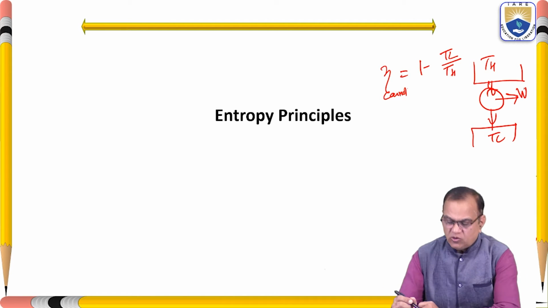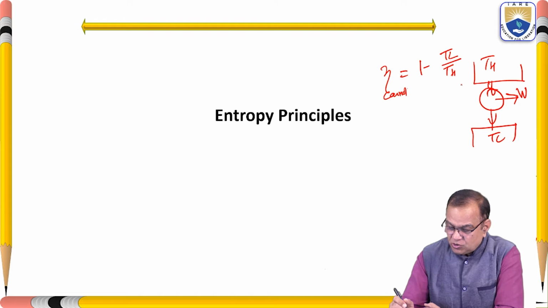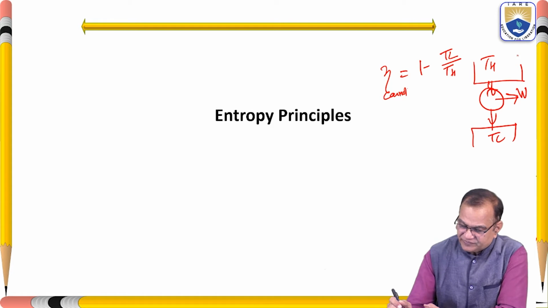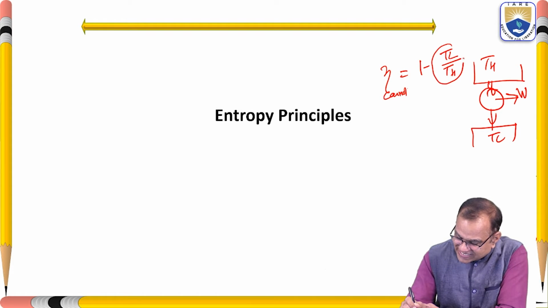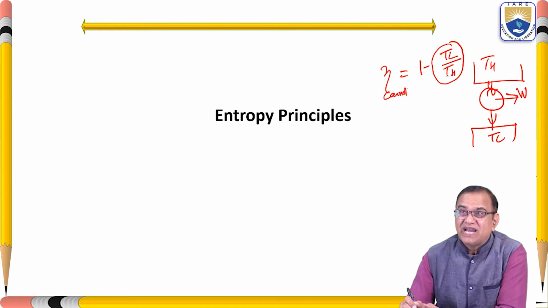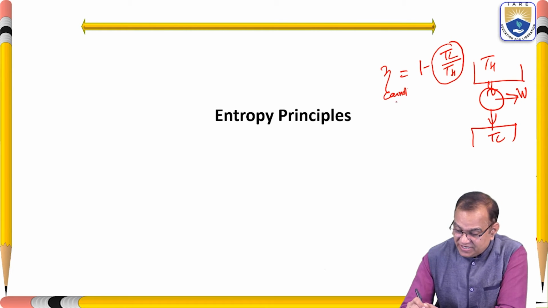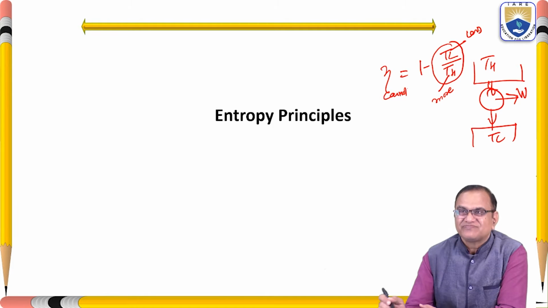So the lower the value of TL by TH, the higher the efficiency will be. To have TL by TH less, TH should be more or TL should be less.